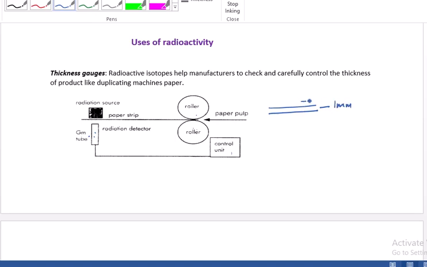The source sends radiation through the paper, and it is read by the GM tube. Say the GM tube reads 20, which is good.